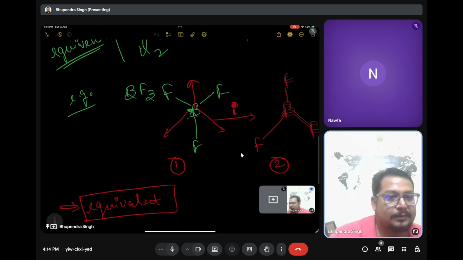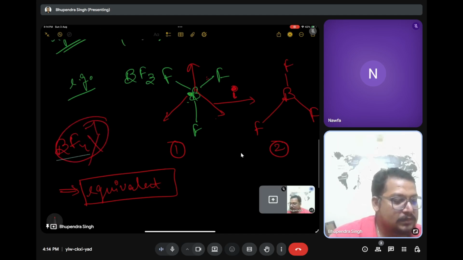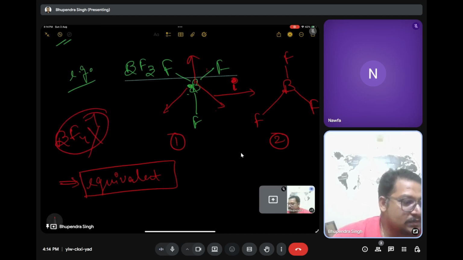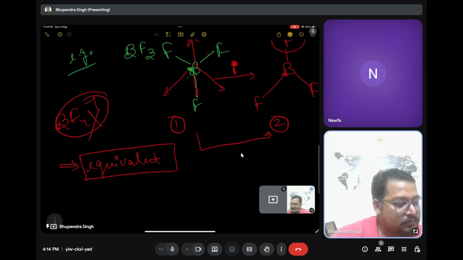I'm not talking about BF3 converting into BF4 minus or something. No, here it is about the structure. Here F was there, but after applying the inversion, this F goes here. That is why they are not equivalent structures.